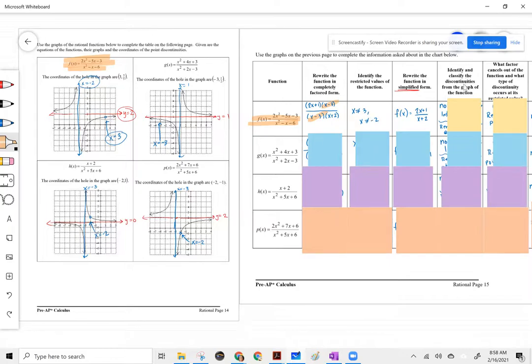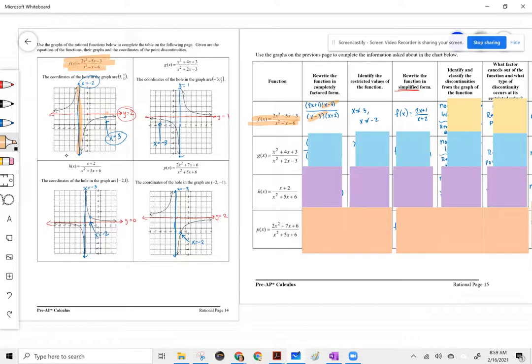And then identify and classify the discontinuities from the graph of the function. So we come back over here to the left and look at the graph and the discontinuities. At x equals -2 that is an infinite discontinuity because that's the vertical asymptote.